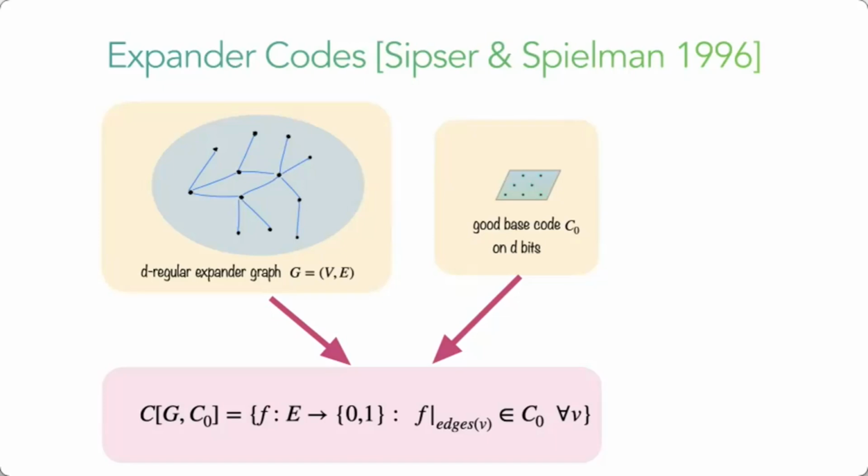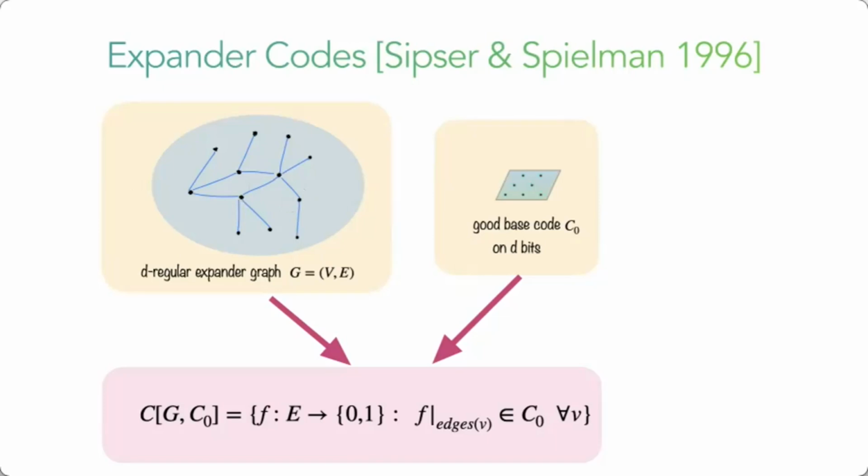Of course, if that were the case, then I wouldn't be talking about it. So this is actually going back to your question, Alexander, which is, this is an example where it's not a good tester. To figure this out, I need to tell you that the same code, the Sipser-Spielman code, you could have defined not by choosing the same C naught around every vertex, but for every vertex, you might choose a different C naught.